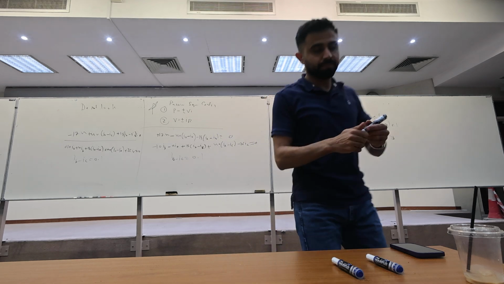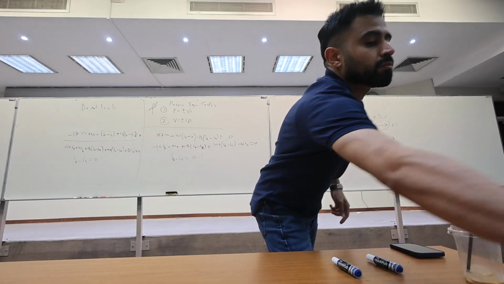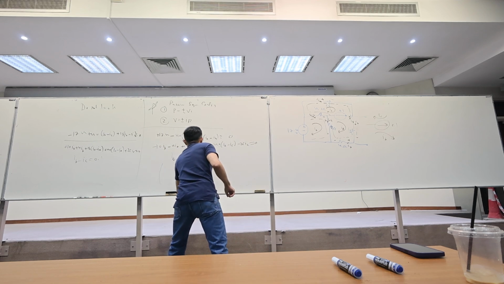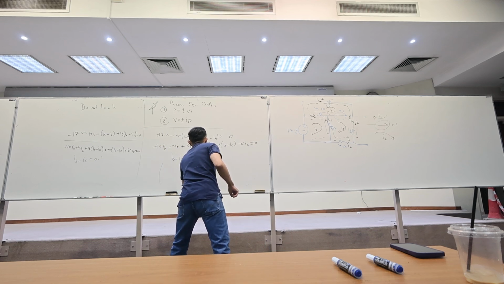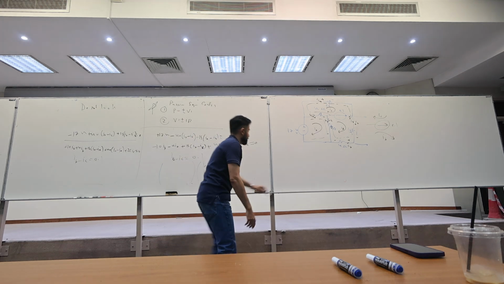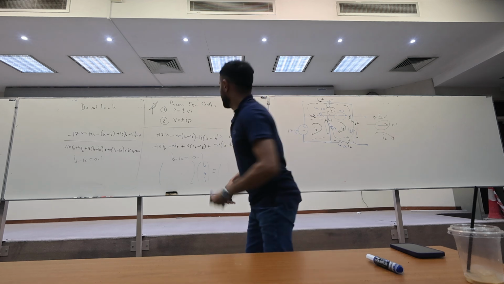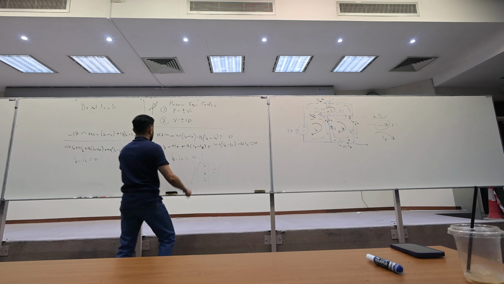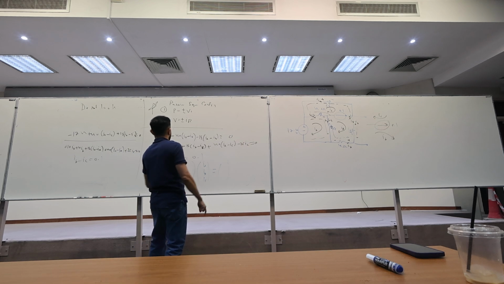What is our system? What's the size? 3 by 3, for IA, IB, IC. What is the coefficient of IA? Minus 40 minus 15, minus 55.